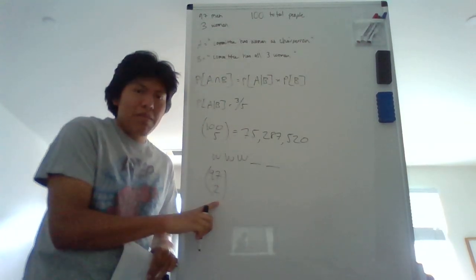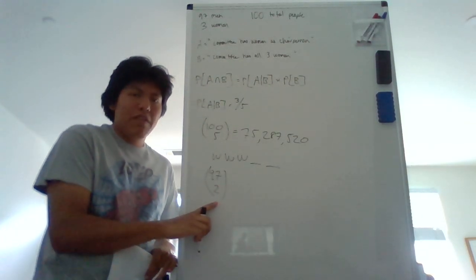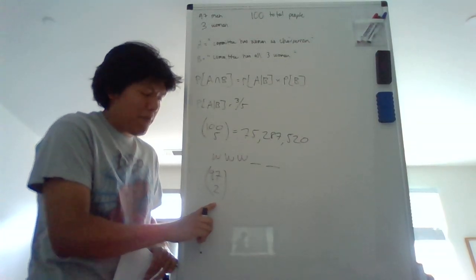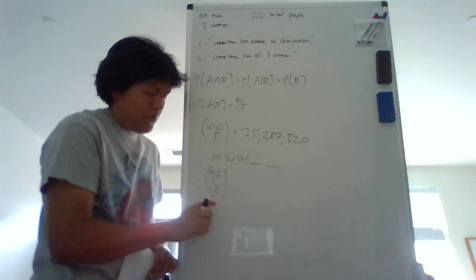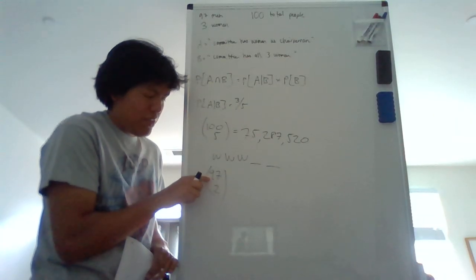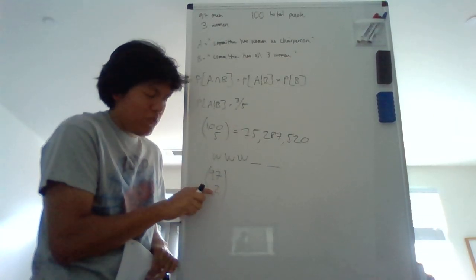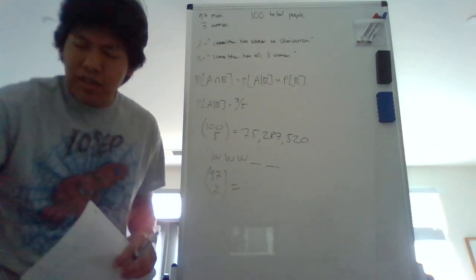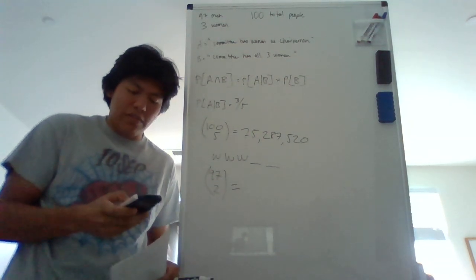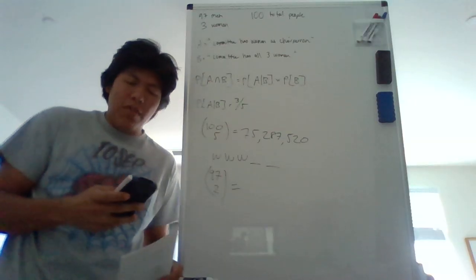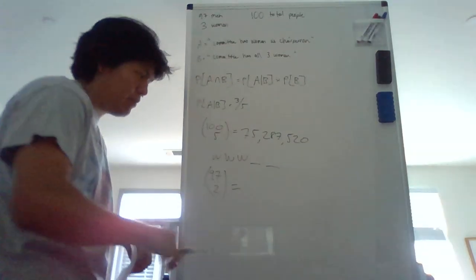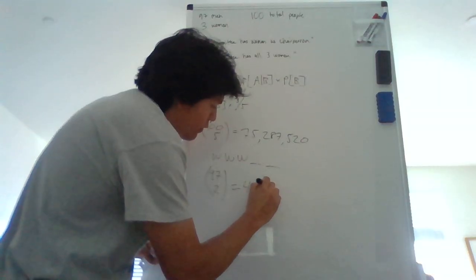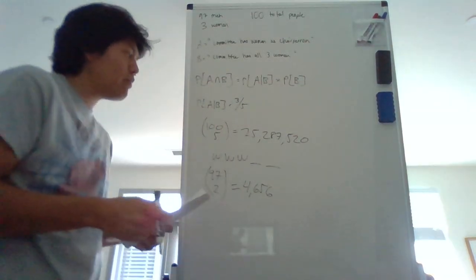This is how many total committees have all 3 women already included. And like I said, those 2 vacant slots would be for 2 men. So there are 97 choose 2 possible committees that have all 3 women. And that is 97 choose 2, 4,656.